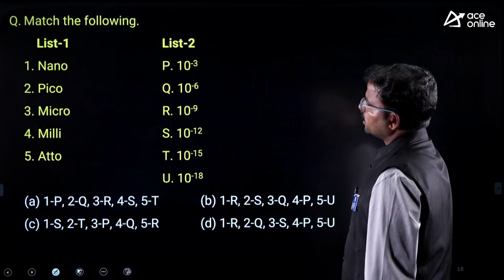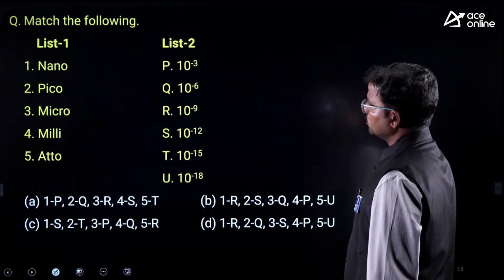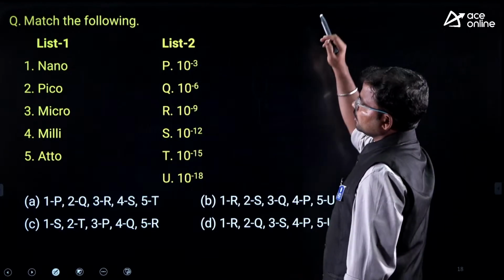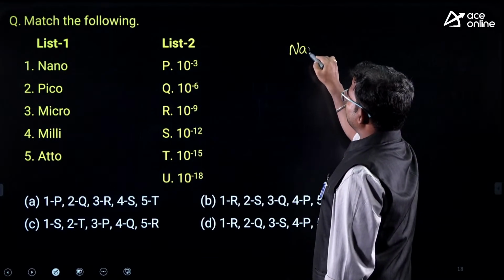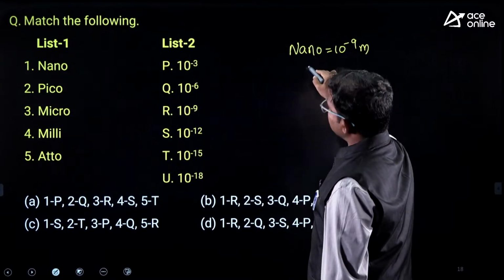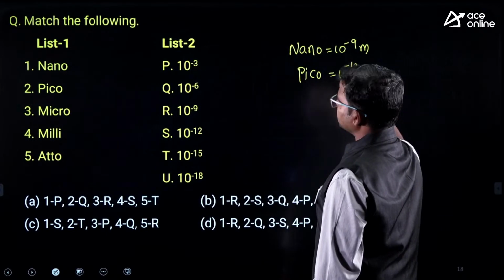Next one, match the following: nano, pico, micro, milli, atto. So nano is equal to 10 power minus 9 meters. Next, pico is equal to 10 power minus 12 meters.